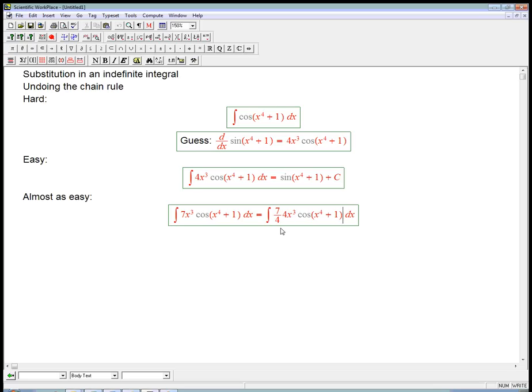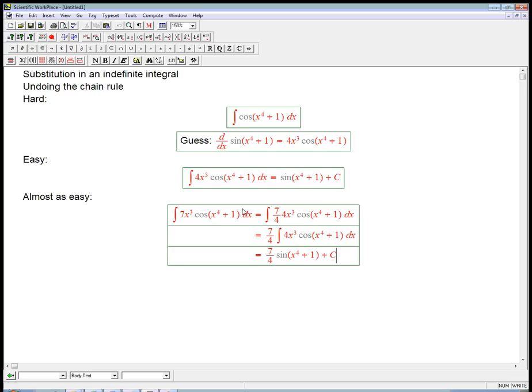And since that 7/4 is a constant, it can just be brought out, times the integral of, hey, voila, exactly what we had up here. That we know, because it's outer of inner times derivative of inner. And so that's going to be 7/4 times sine of x to the fourth plus 1 plus c.